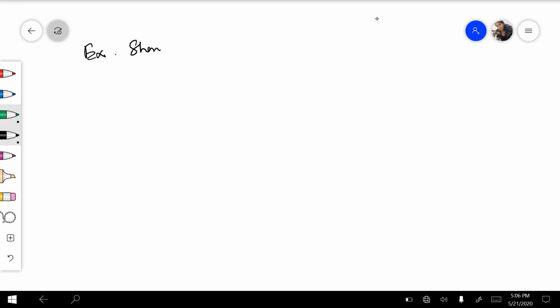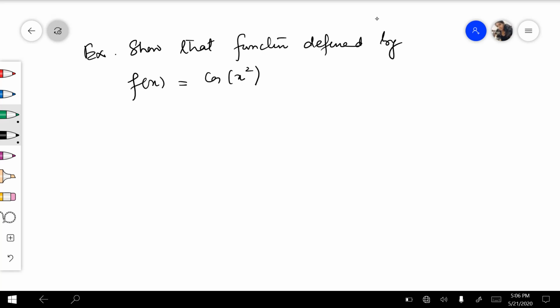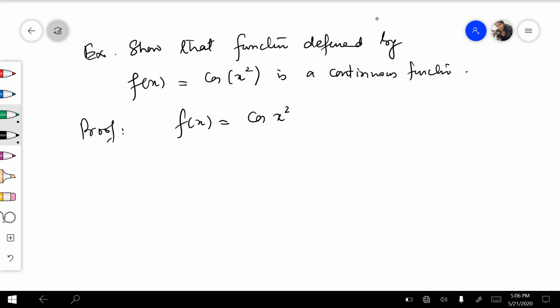Directly show that the function defined by f of x equals to cosine of x square is a continuous function. Let's prove this thing. We are given that f of x is equal to cos of x raised to the power 2.